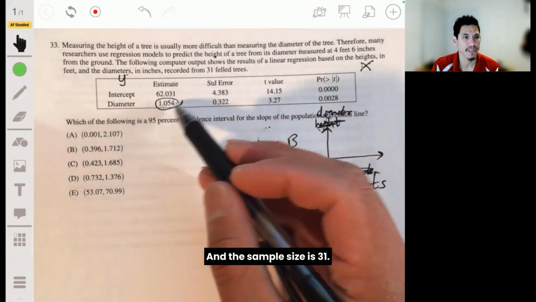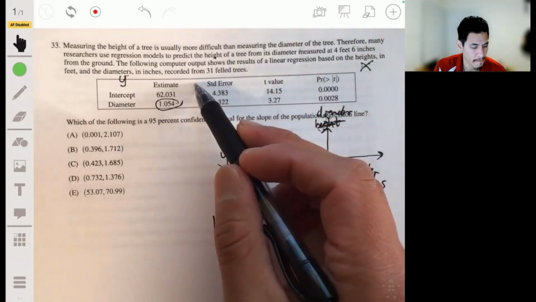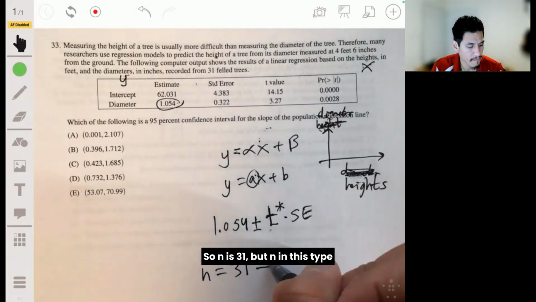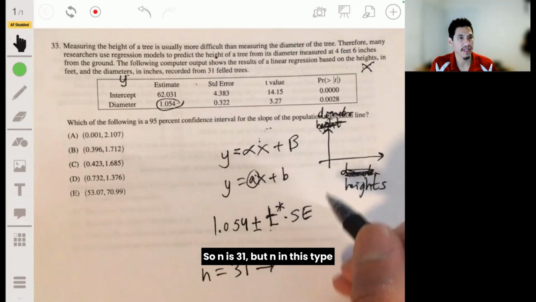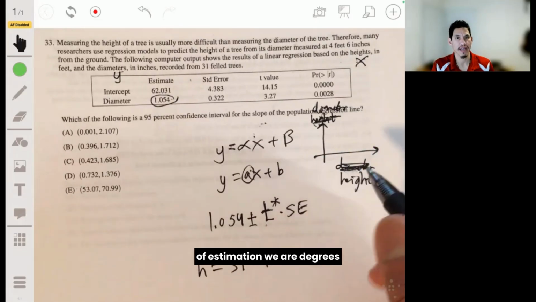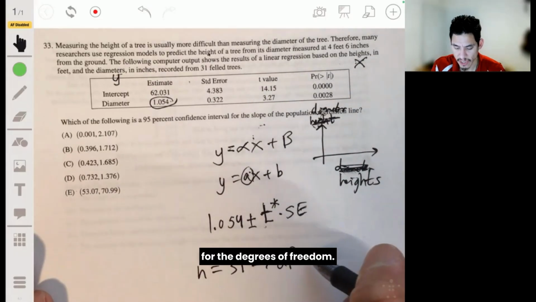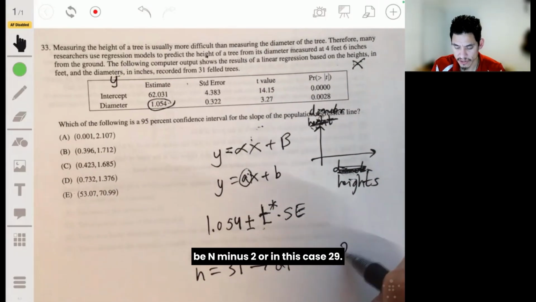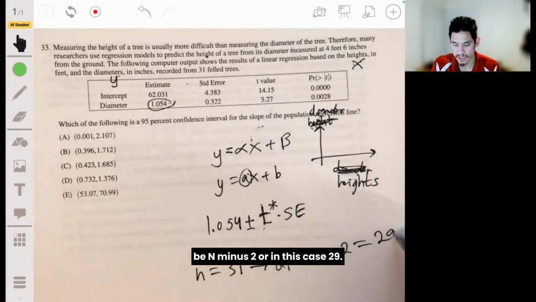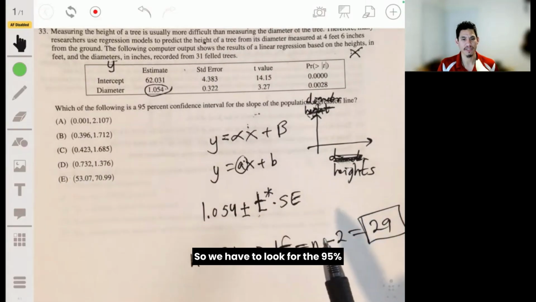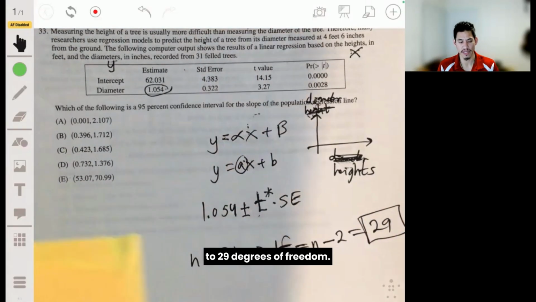And the sample size is 31, so n is 31. But in this type of estimation, we have to account for the degrees of freedom, and the degrees of freedom would be n minus 2, or in this case, 29. So we have to look for the 95% confidence interval corresponding to 29 degrees of freedom.